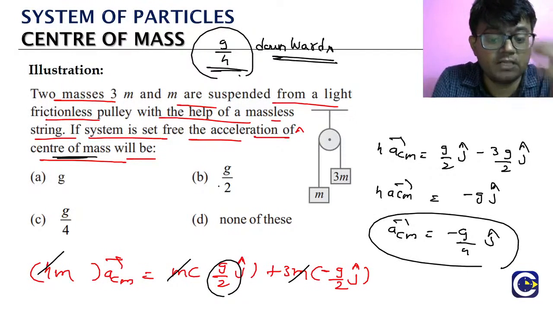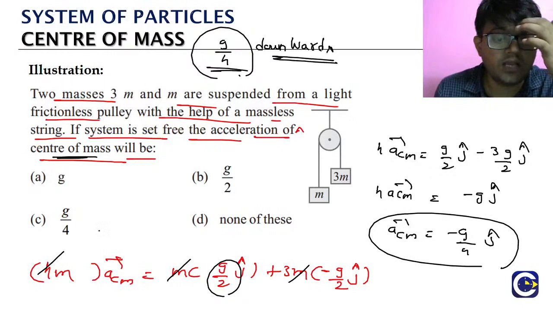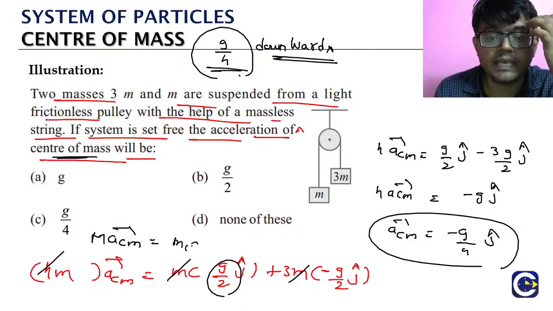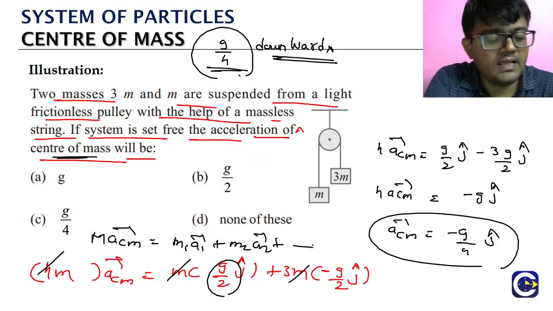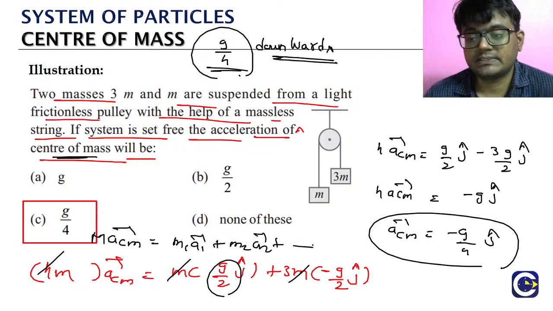இது எப்படி நம்ம calculate பண்ணோம்? By using this formula. What is the formula? Total mass into acceleration of center of mass is equal to what? m1a1 plus m2a2. ஞாபகம் இருக்கா? அதுல இருந்து we are able to get the acceleration of the center of mass.